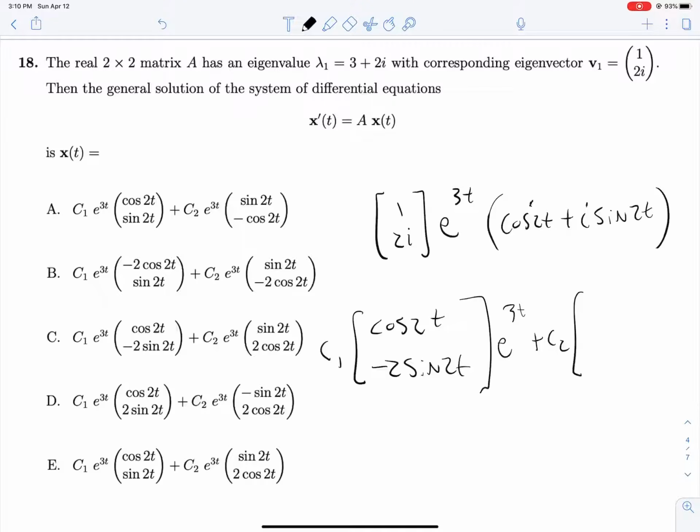That'll be cosine multiplied on the bottom and sine multiplied on the top. So that's sine 2t on top and 2 cosine 2t on the bottom, e to the 3t. Don't want to forget that. And we are done. Our answer is C.